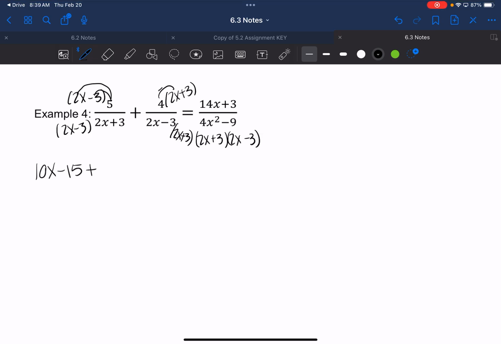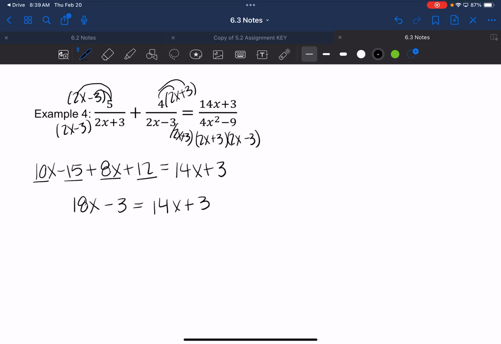Plus, here I need to distribute the 4, which is going to give us, nice, which equals the piece that already had the common denominator to begin with, the 14x plus 3, right? Okay, where did we go from here? Combine like terms. Okay, so 10x and 8x gives us 18x. Negative 15 and positive 12 would give us negative 3.